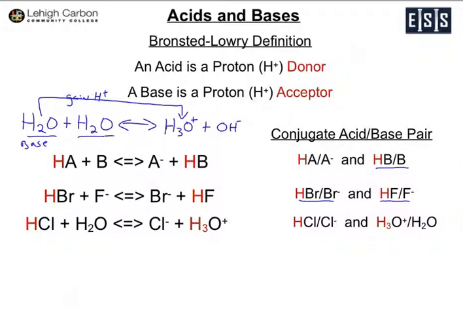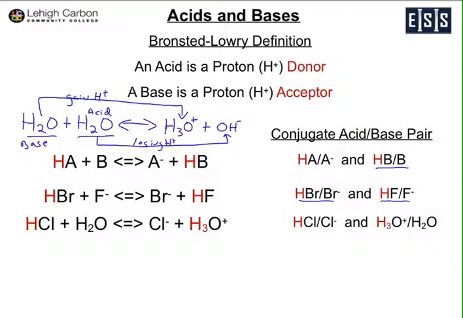This water is losing a hydrogen ion, so it's acting as an acid. As you work with acids and bases, water is a very common and versatile molecule because it can act as either an acid or a base.